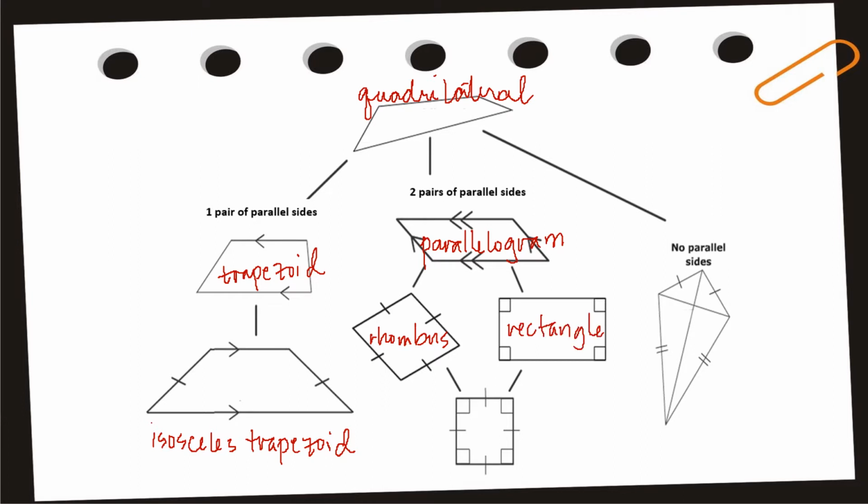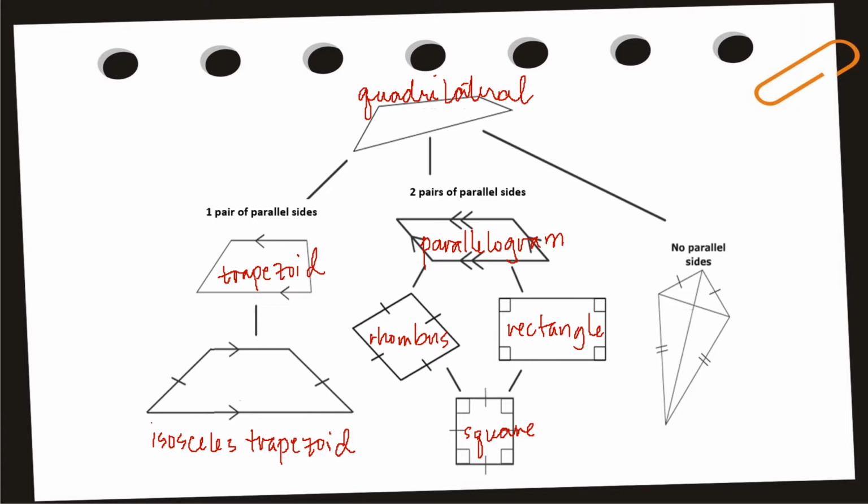A rhombus is a parallelogram with four congruent sides. A rectangle is a parallelogram with four right angles. And here, we also have a square. So as you can see, a square has all the properties of a rhombus and a rectangle, since square has four congruent sides and four right angles.